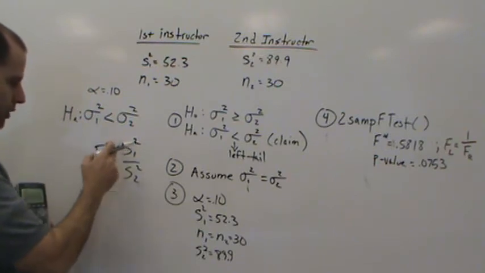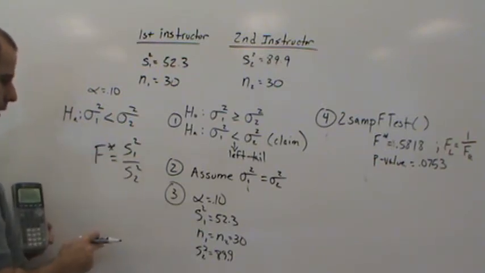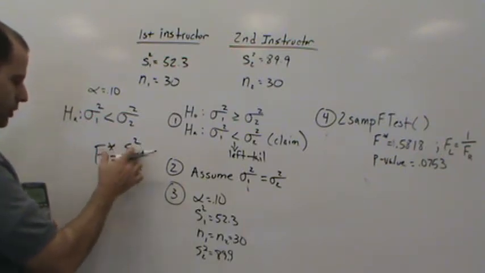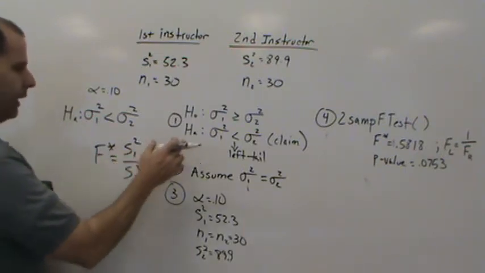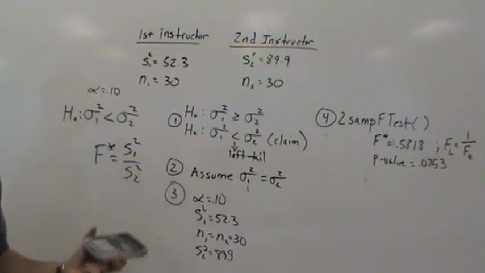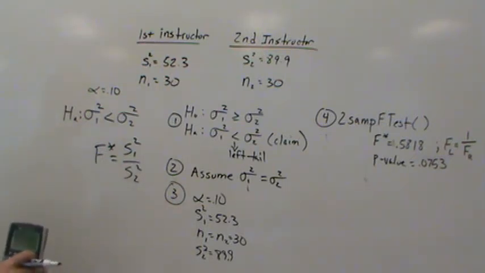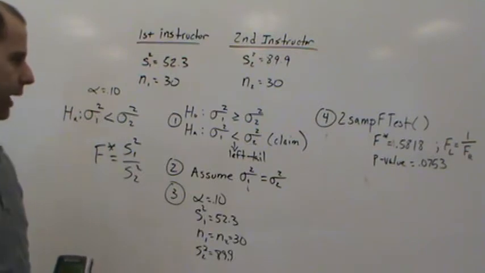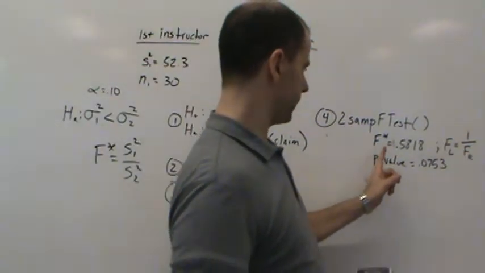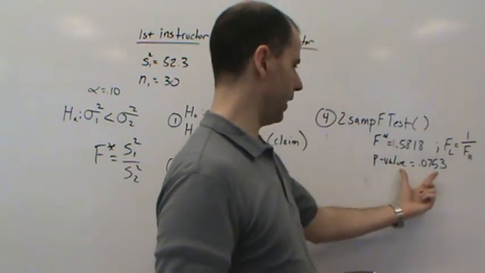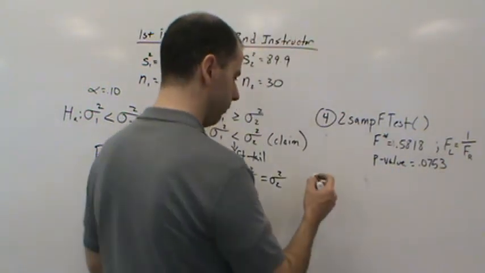Typically, we do S1 squared over S2 squared, but as long as you are consistent with whichever population 1 and 2 are, and you do the right alternative hypothesis, you'll get the same answer. Okay? So just keep that in mind. I hope that makes sense, but just follow the way we did it. Okay? And so again, this is the left-tailed test, so we're going to compare this with FL. But again, we could just use the p-value method and compare it to alpha.